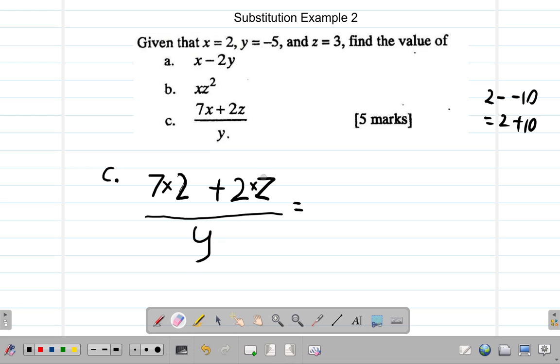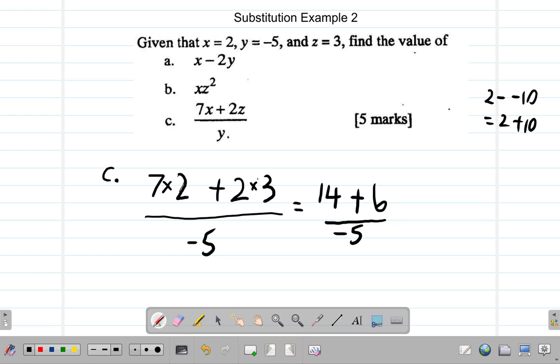What about z? We remove z. Z is 3. So we put 2 times 3. And y is negative 5. So we can remove y and replace it with negative 5. So what we have is 7 times 2, which is 14, plus 2 times 3, which is 6, divided by negative 5.